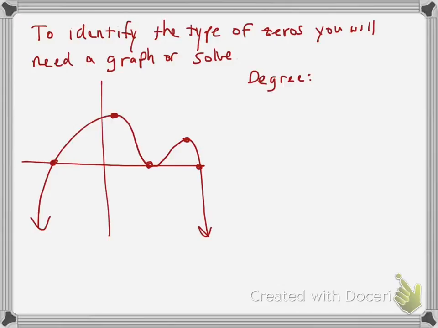We're going to identify our degree, our zeros, the type that we're working with, the turning points, okay, our end behavior. All right. Now, with this end behavior, we can identify a couple things first. What I'm going to try and do first is I'm going to identify the turning points. If you're not sure about the degree, identify how many times it turns.